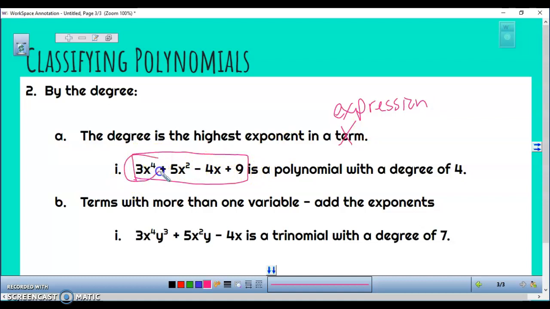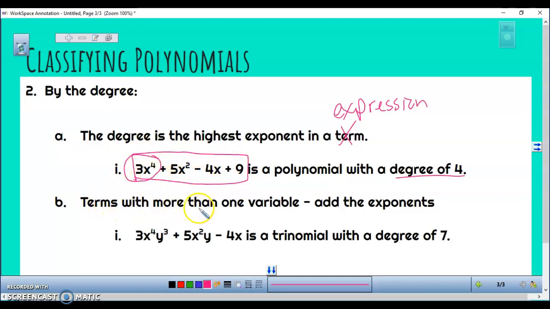Well, that would be 3x to the 4th. So since this is the highest exponent, this has a degree of 4. Anytime I have an expression here, I'm just looking for the highest exponent. It may not always be the first one. It doesn't have to be first necessarily if it's not in standard form. So you're looking for the highest exponent.